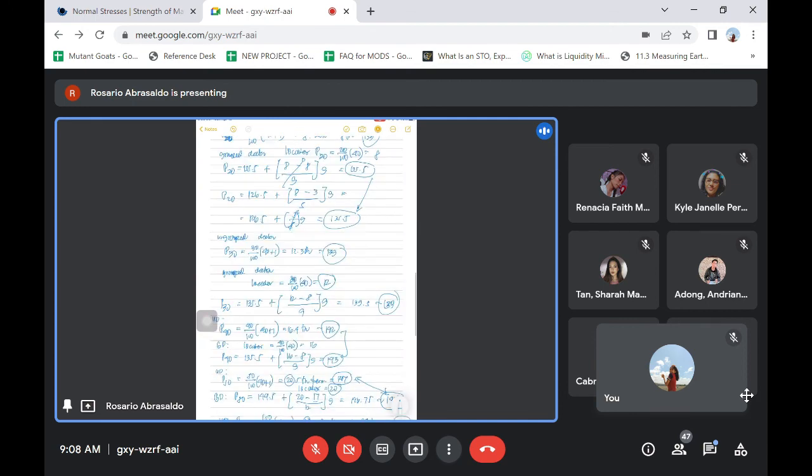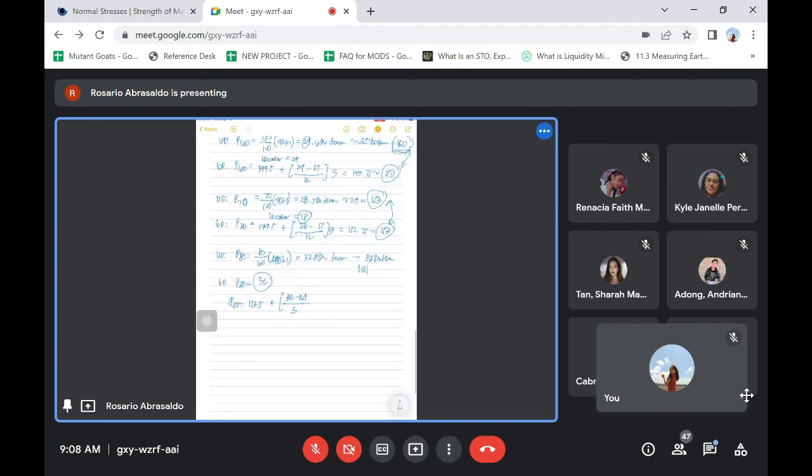So, 29 ni siya ni class. So, kinahanglan. Screenshot ninyo ni. Times 9. So, ang iyang result is 158.9 or approximately 159.